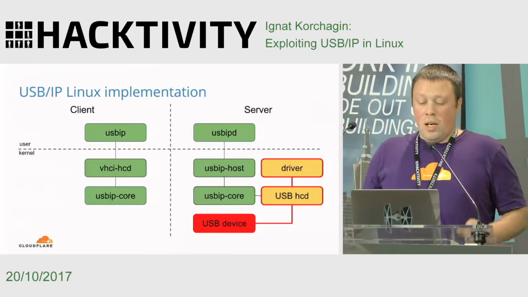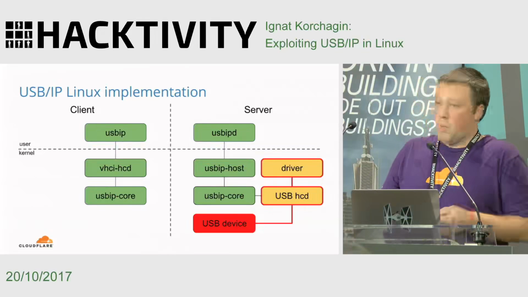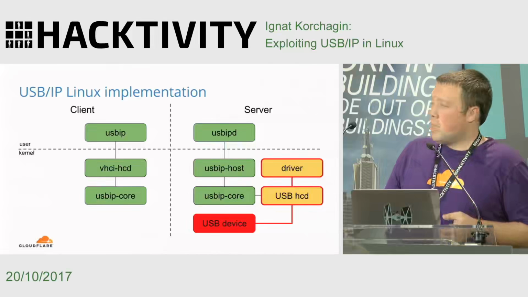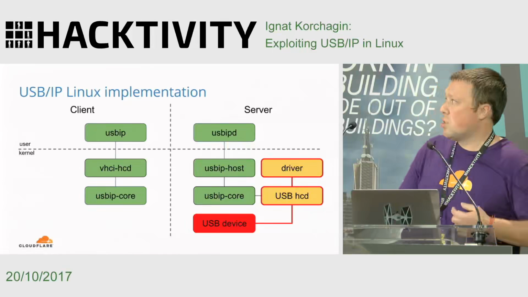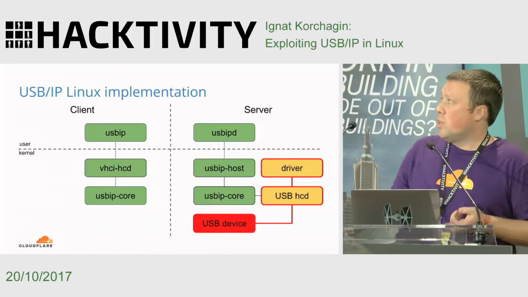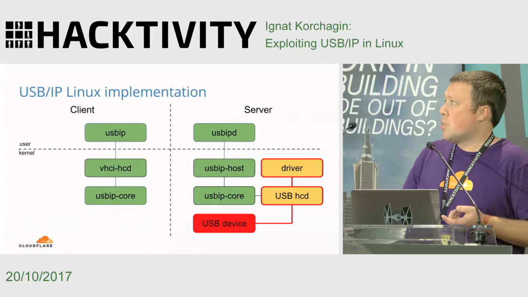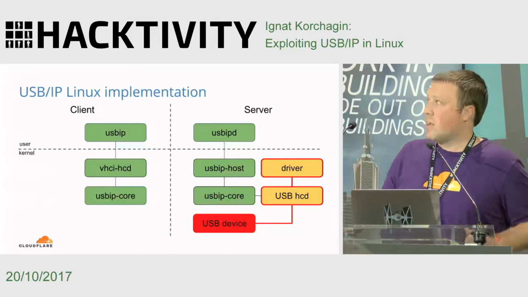So, okay, now imagine you plugged in your device, that's how it will work, and now you want to export this device over IP to the client. So what you do, the USB IP daemon sends a command to make this specific device exportable.